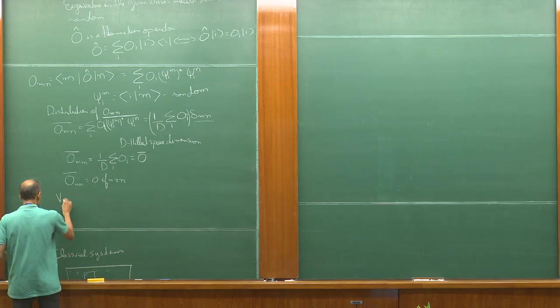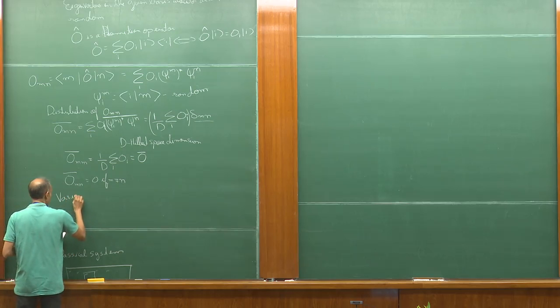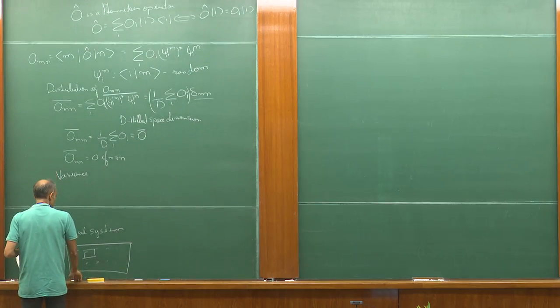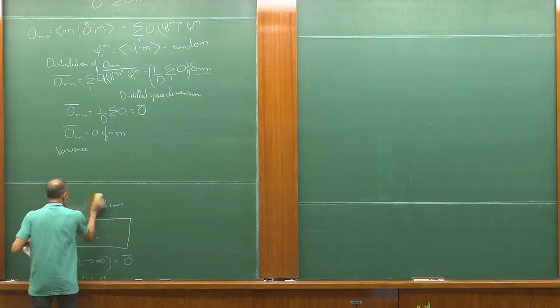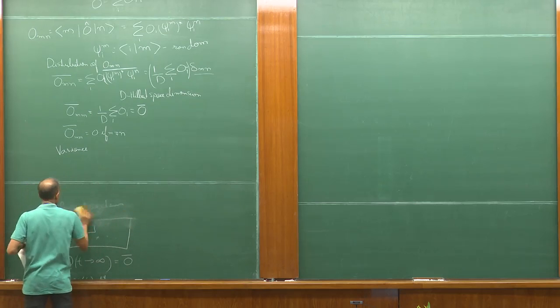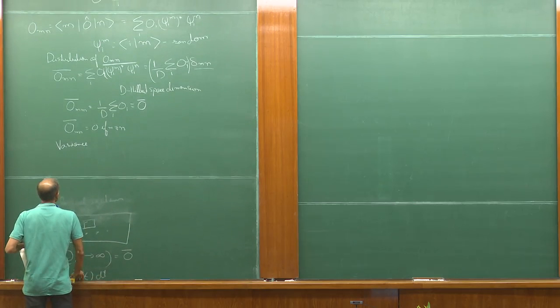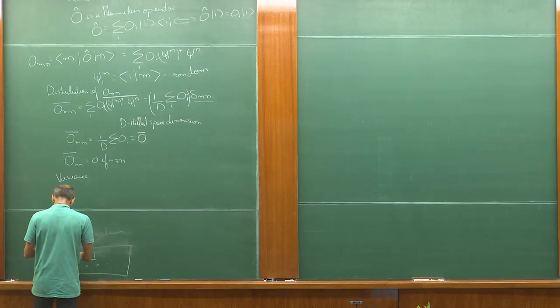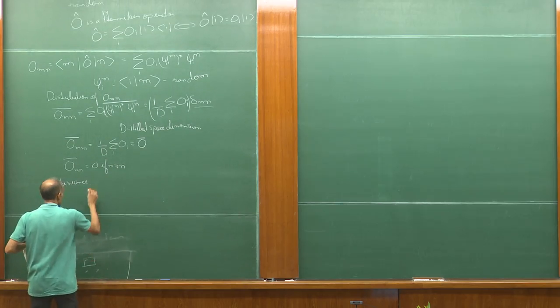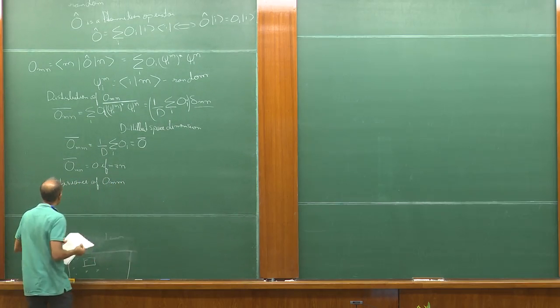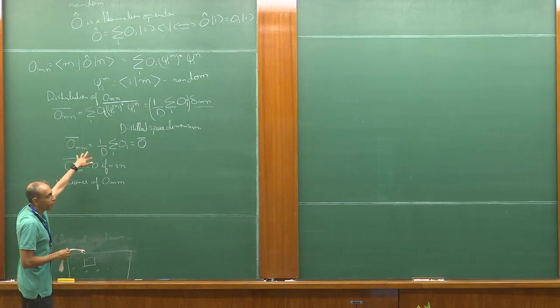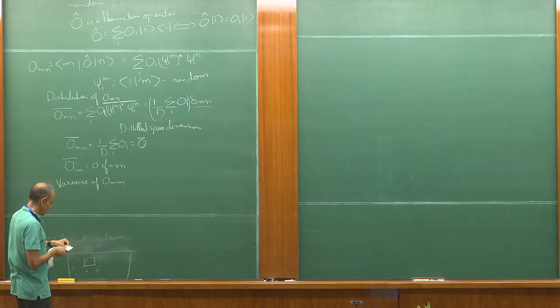Now if I look at the variance of these quantities, the variance will tell me about the fluctuations over these mean values. So if I look at the variance of O_MM, remember that O_MM has a non-zero mean. I'm looking at the fluctuations about that non-zero mean.